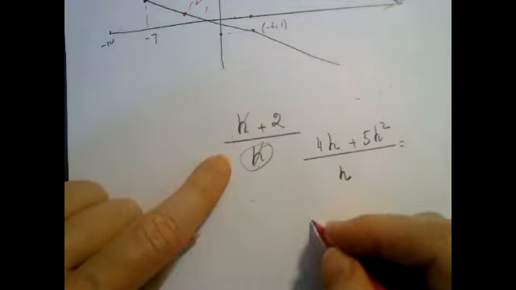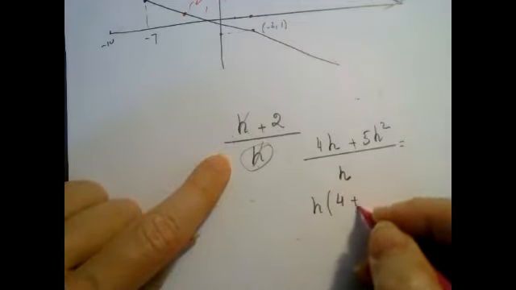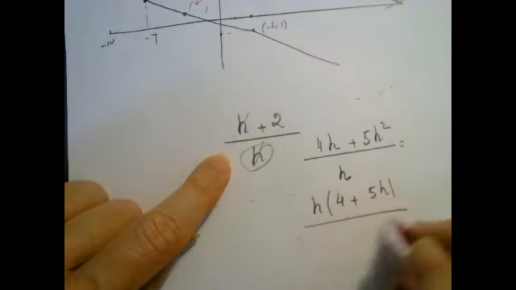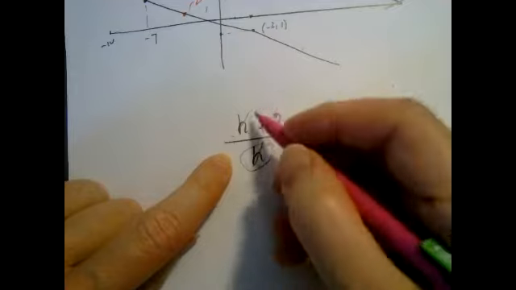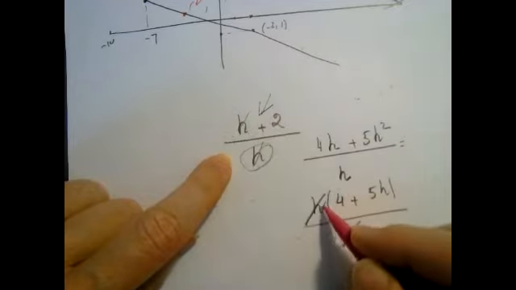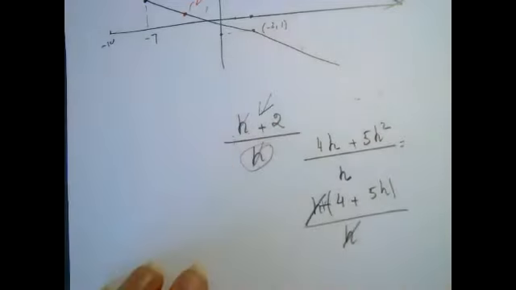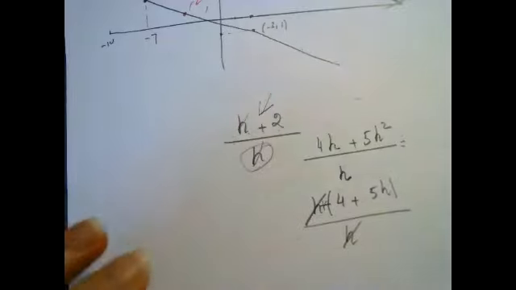Then I can factor my h over h. But I cannot factor it if you have an addition. I can factor if it's a factor, which means if you have multiplication. So please be careful with that, because we should learn it. All right, so this takes care of this problem.